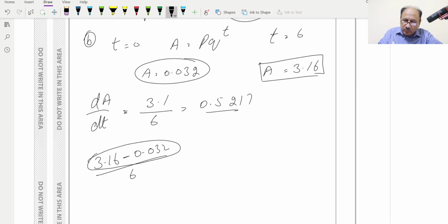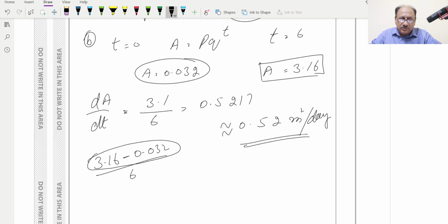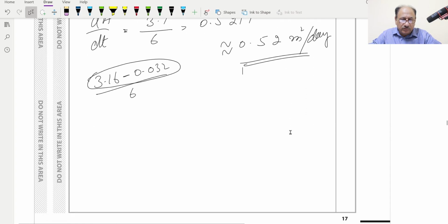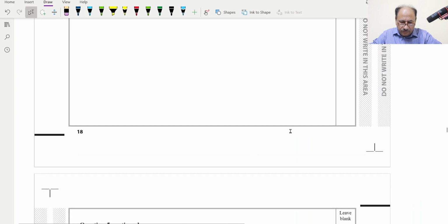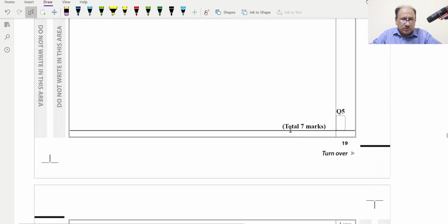And this value which we found, 0.521, we can write approximately 0.52 meters square per day. This will be our final answer for this question. So we are done with B part also. Now we can move to the next question.